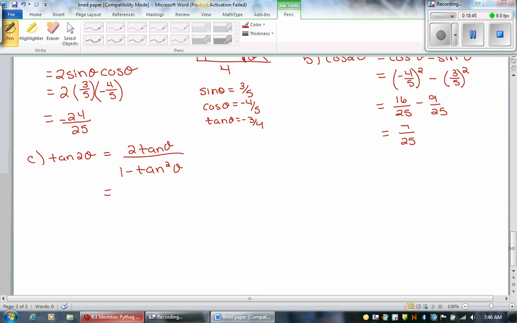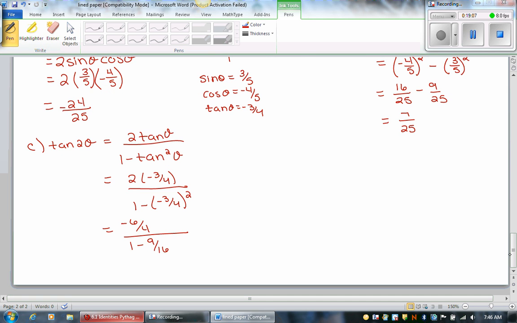So everywhere we see that tangent, we're going to substitute that in. Okay. So in the numerator, I wind up with negative 6/4. And in the denominator, I wind up with 1 minus 9/16.